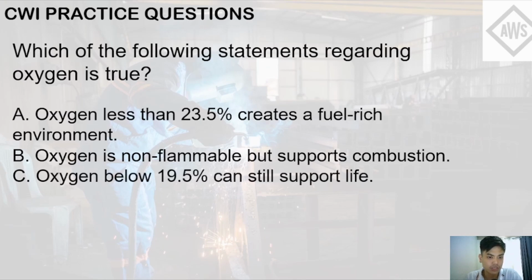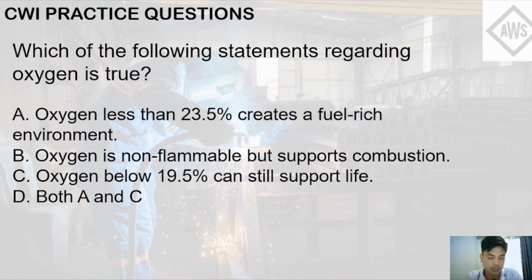Letter C, oxygen below 19.5% can still support life. Letter D, both A and C. So basically, the CWI exam has these types of questions. The last choice will opt you to choose between both or two answers.